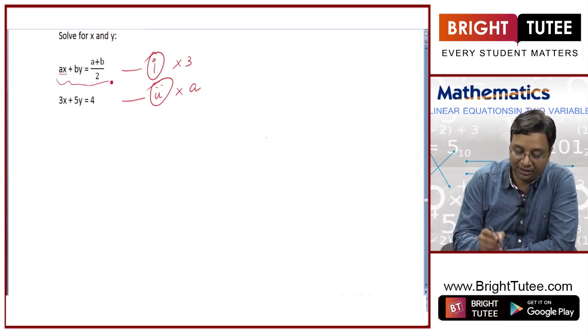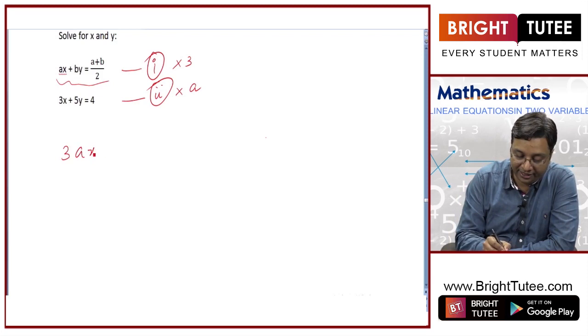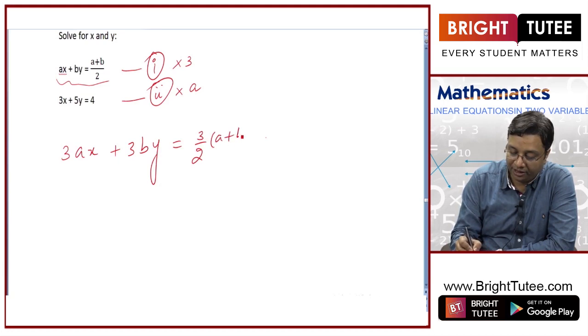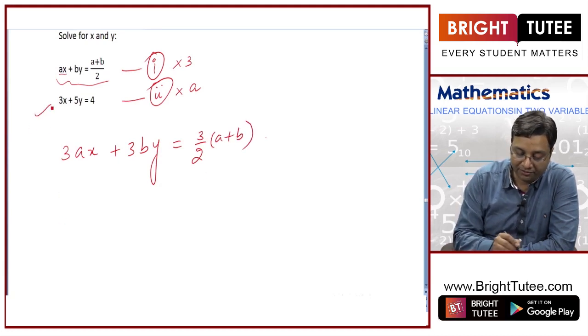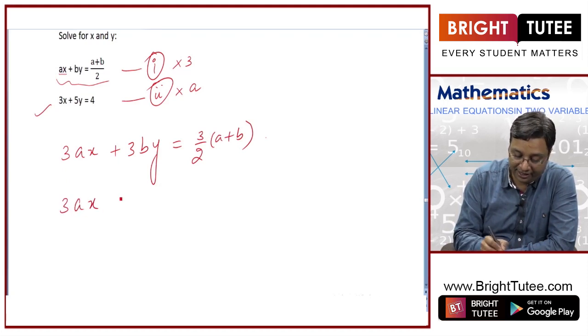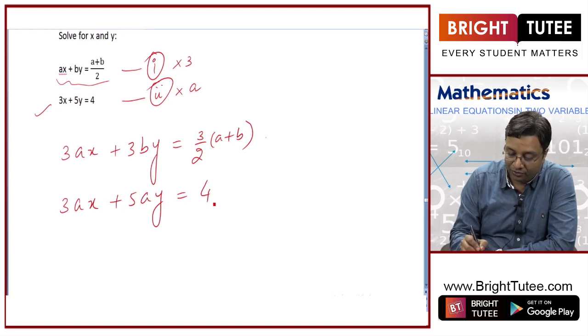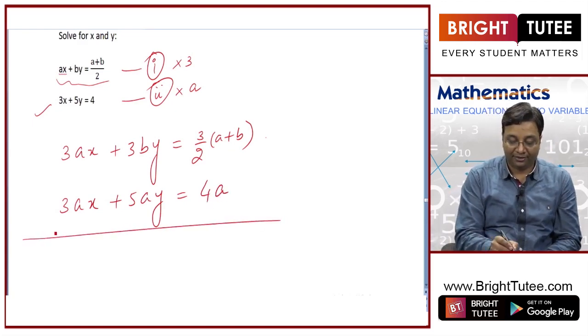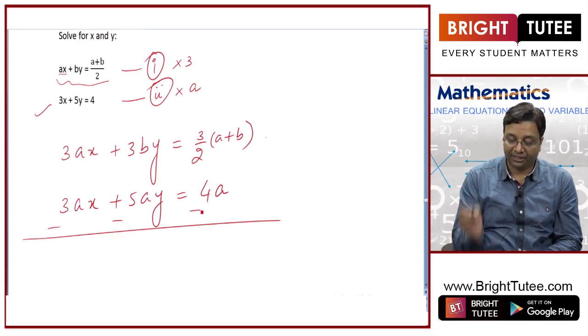If I multiply this equation by 3, it will give me 3ax plus 3by is equal to 3 by 2 (a plus b), and this one, when multiplied by a, will give me 3ax plus 5ay equals 4a, right. Now if I subtract, let me change these signs.